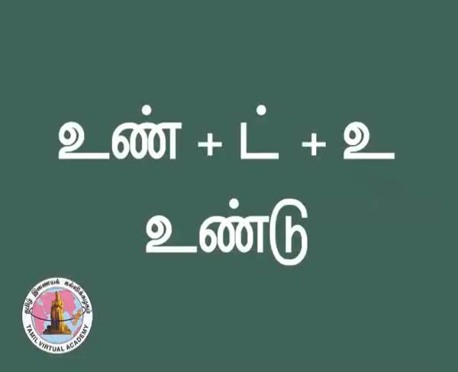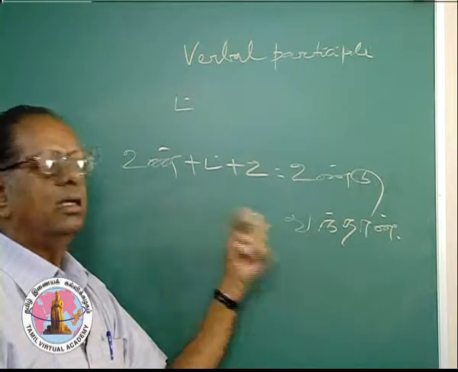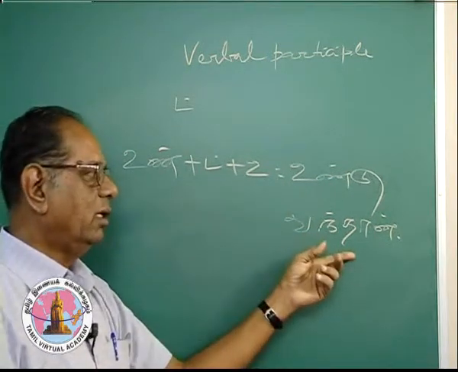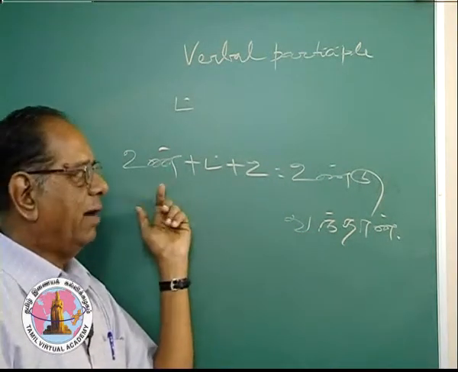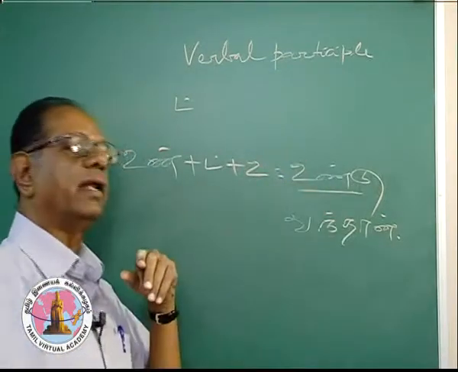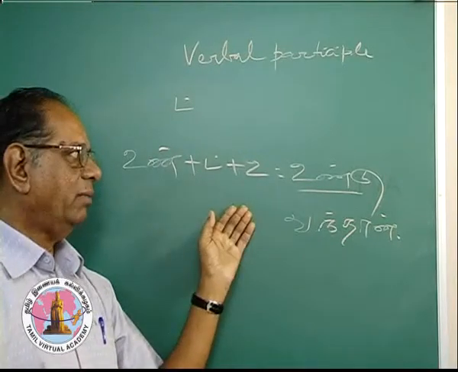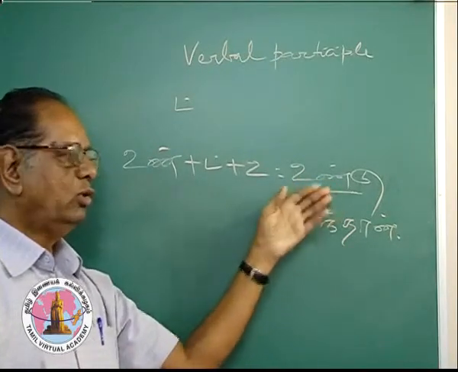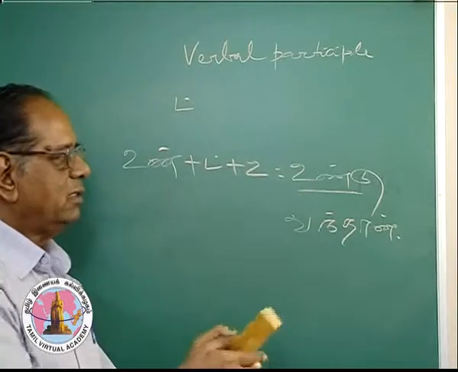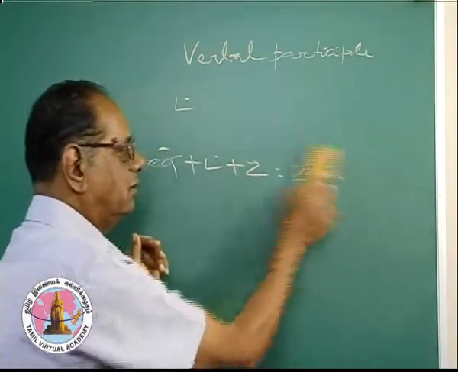Vandan, past tense. So naturally the subject would be avan. Avan undu vandan. Undu, having eaten. Vandan, came. He came after eating. Undu vandan. This is the past tense form and this is the verbal participle.